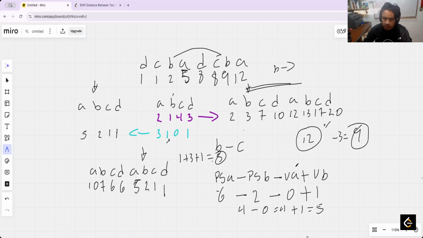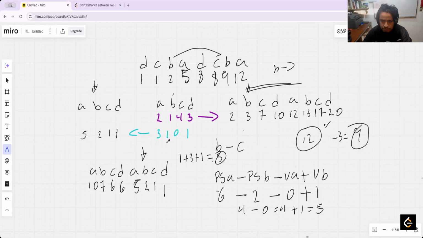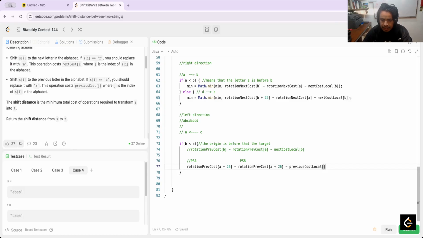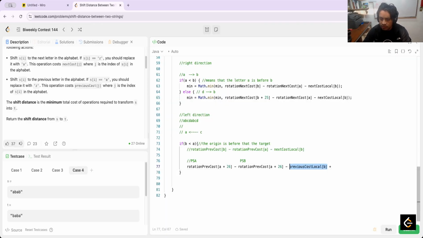Now let's say A is in the position and the target is B, n plus A. Mean it's equal to math.mean between mean and this. Now else.